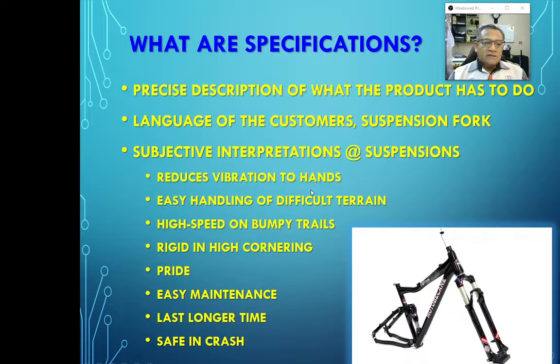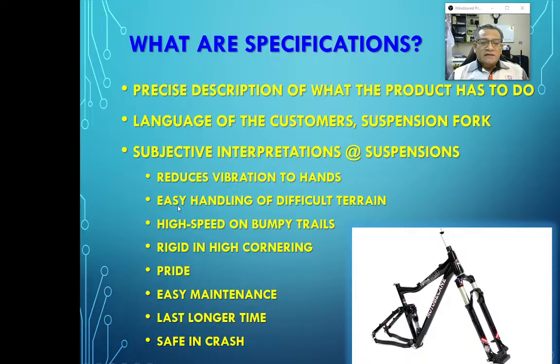For one thing, the designer could interpret that it must be able to reduce vibration to the hands, because when the mountain bike is descending from a very tall mountain or hill, there are many shocks being absorbed by the biker's hands.